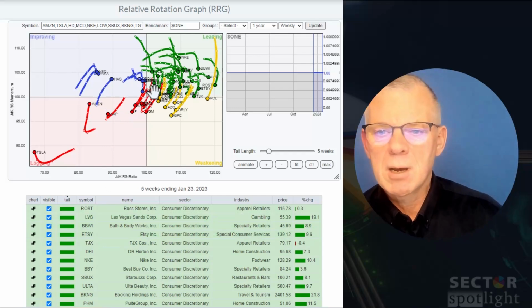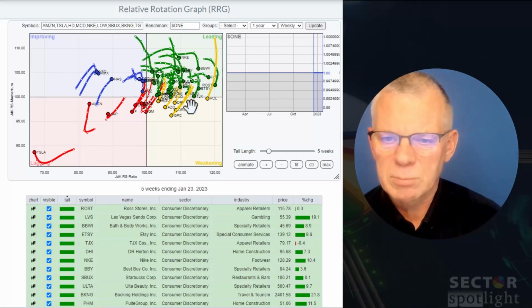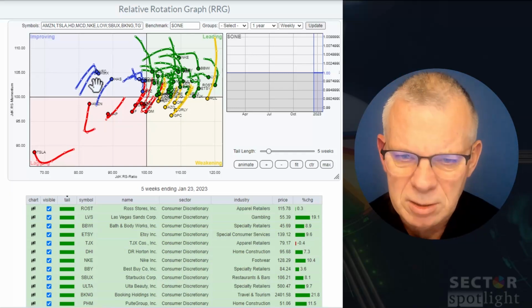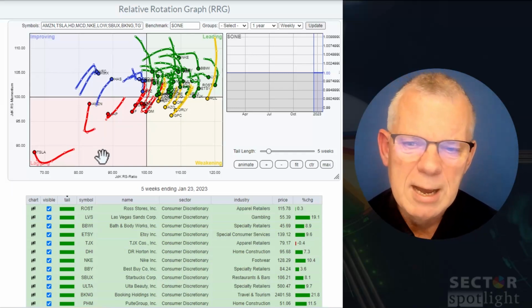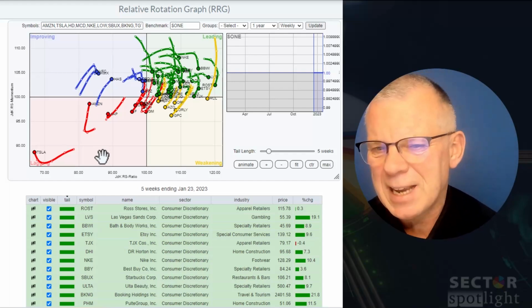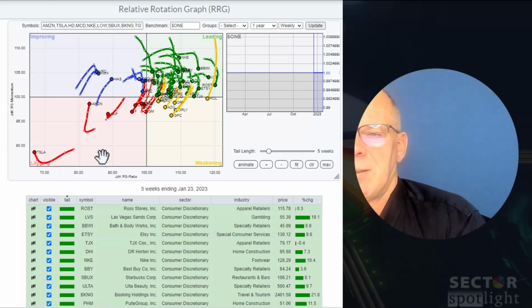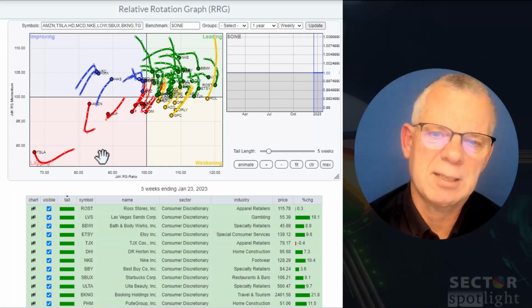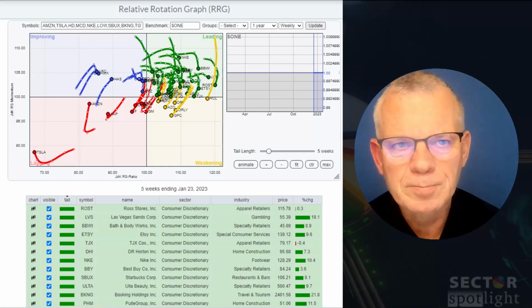All these green ones are rolling over and moving down, and there are a few yellow ones already. There's not much going in the right direction. A few in the blue, but that's it. If you look at breadth for consumer discretionary, this is not telling you a fantastic story.